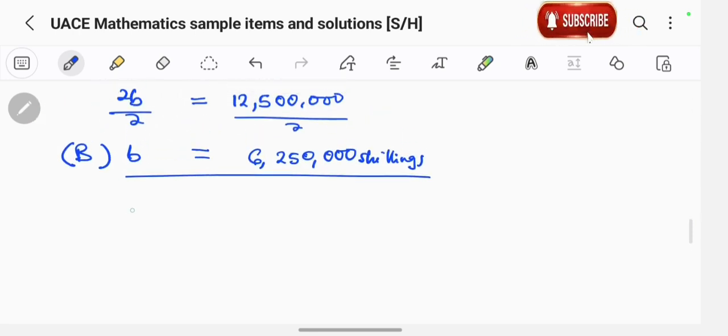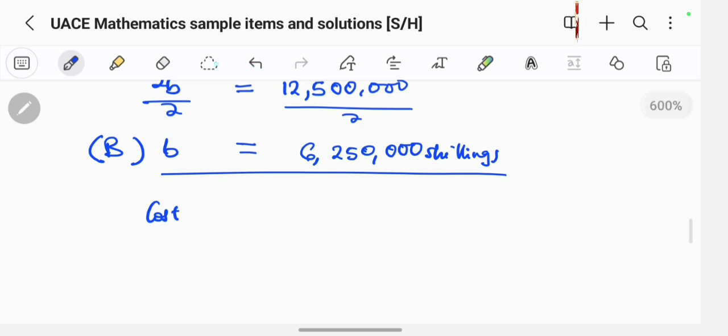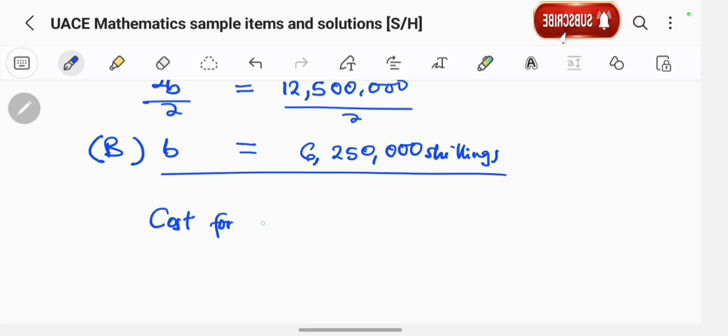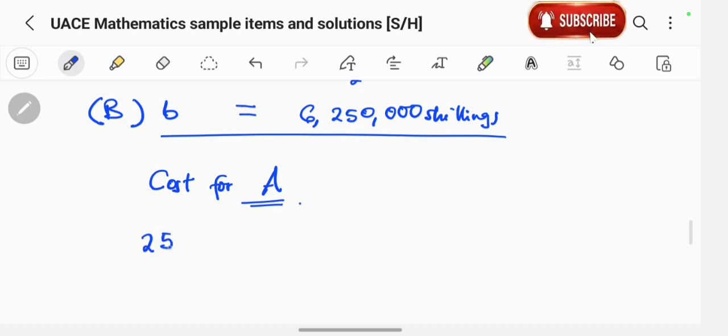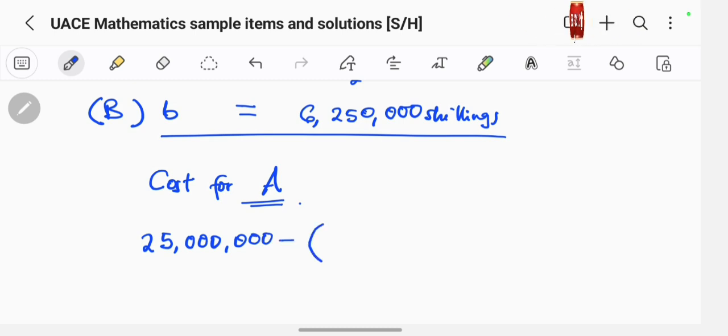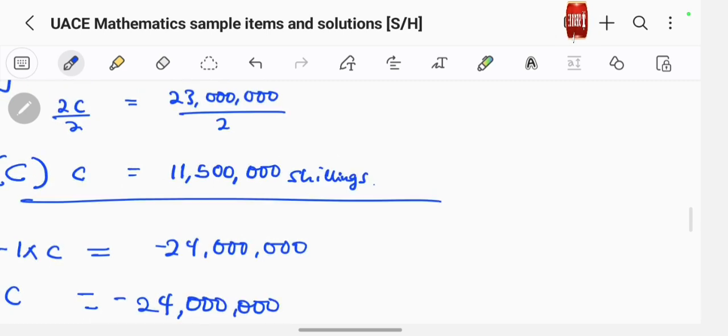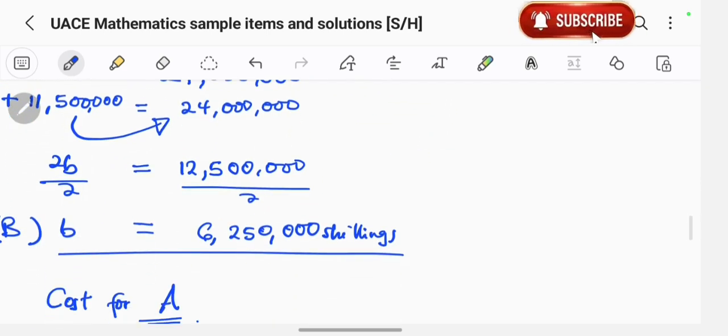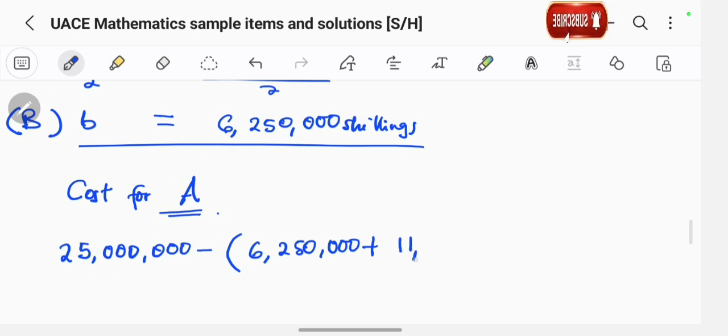So cost for borehole A is going to be this 25 M minus the total 6,250,000 plus the other one, 11,500,000.